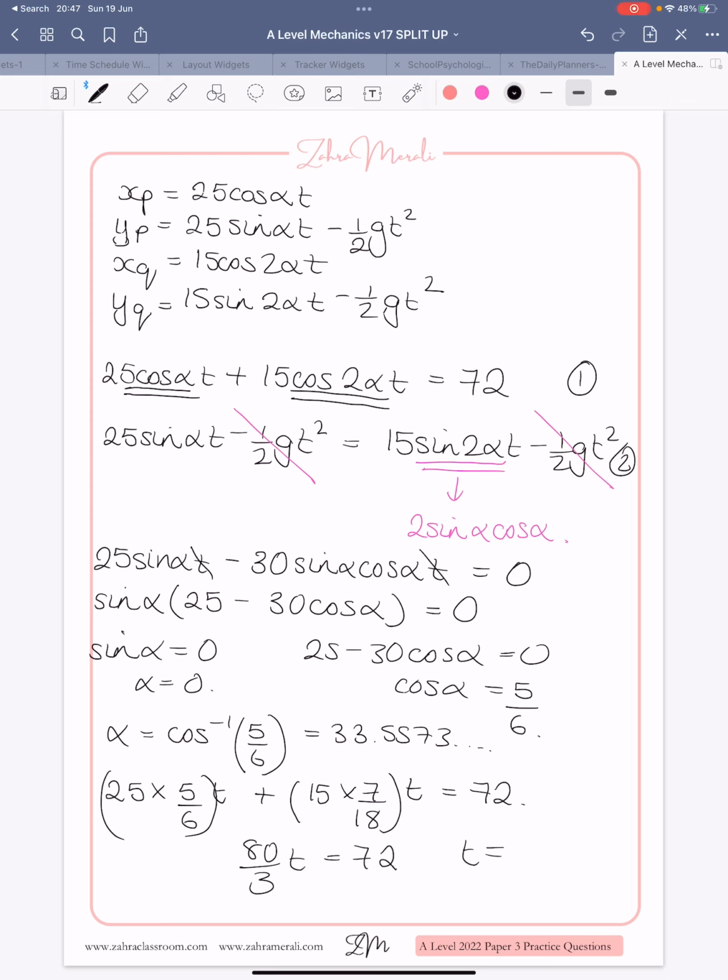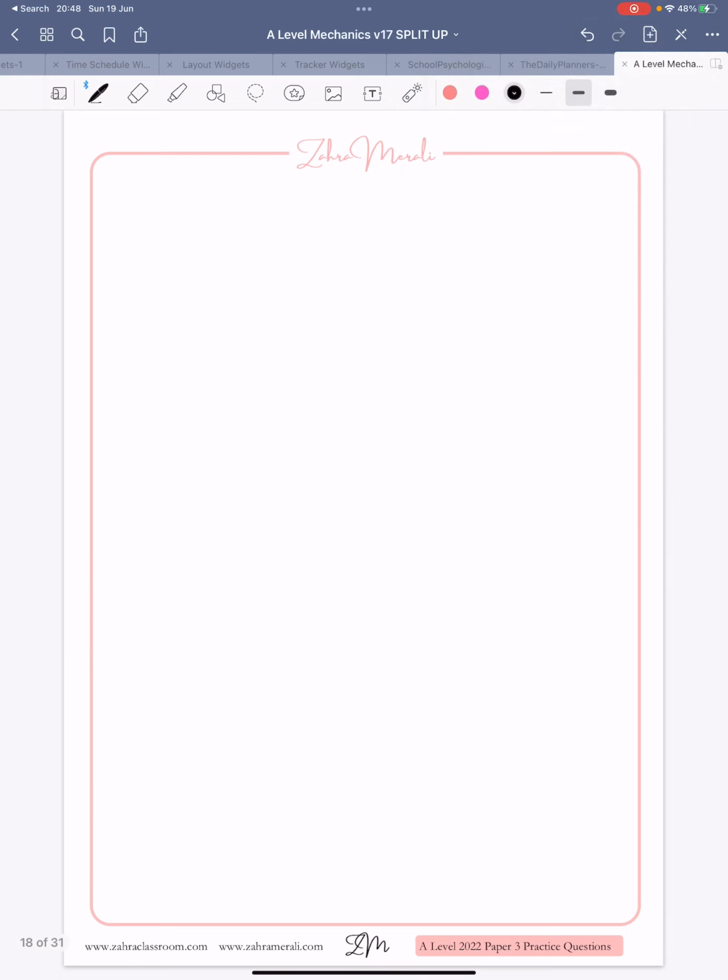So t equals 72 times 3 divided by 80, and I get t equals 2.7. So 2.7 is the time when they meet. Okay, so what we want to do is find out the height at that point.